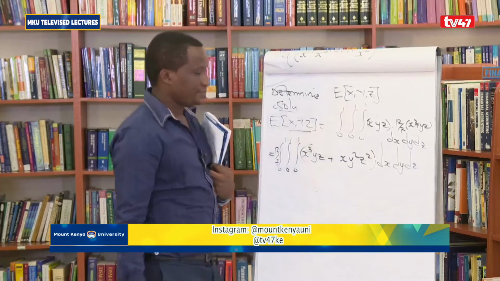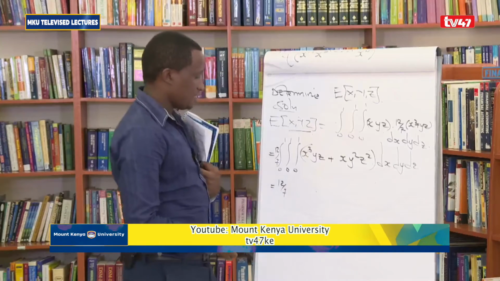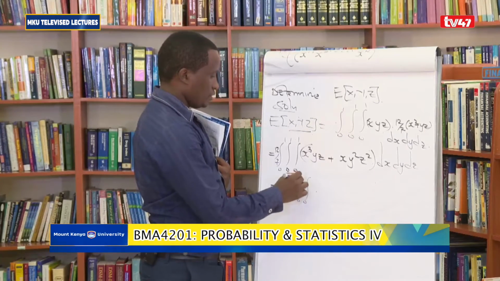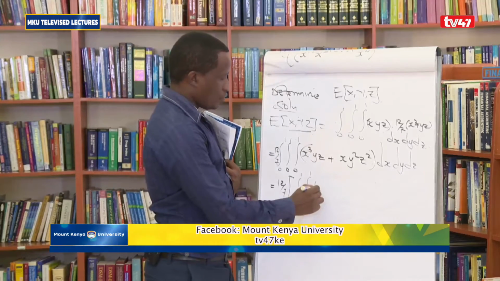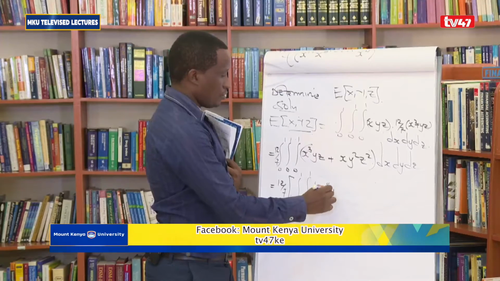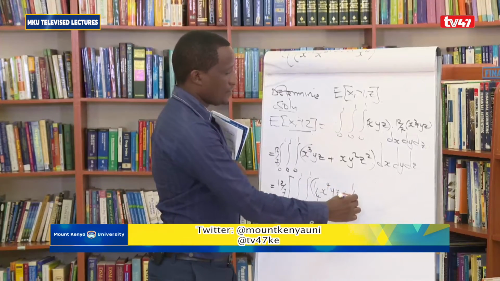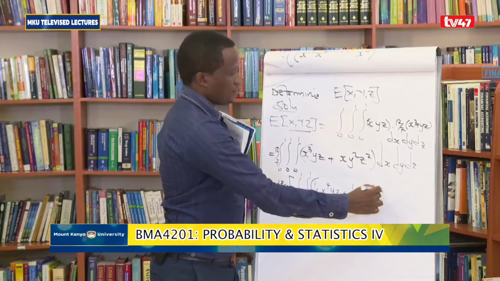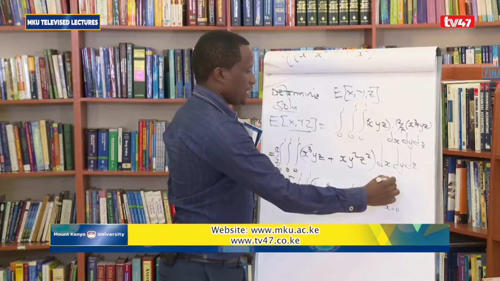So we carry out the integral. First we start with x, that will be 12 over 7. Then I'm remaining with the other two integrals. With respect to x, this one becomes a quarter x to the power 4, yz. Then plus, this will be a half x squared, y squared, z squared. Make replacements for x equals 0 and x equals 1.